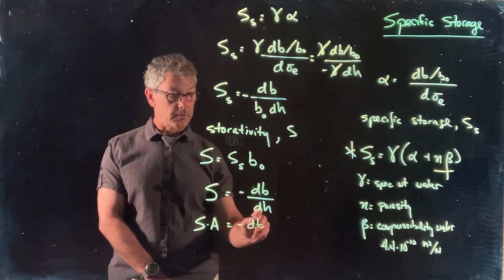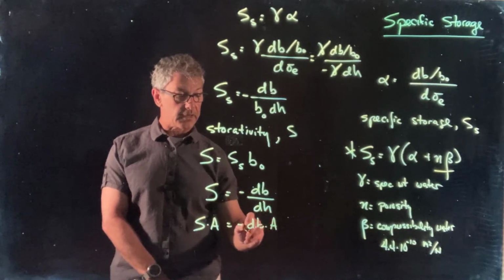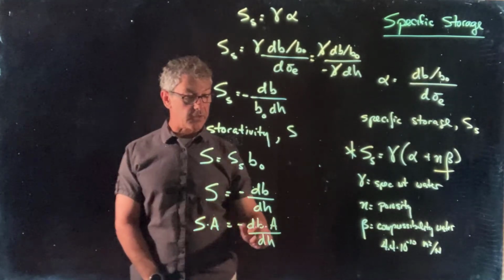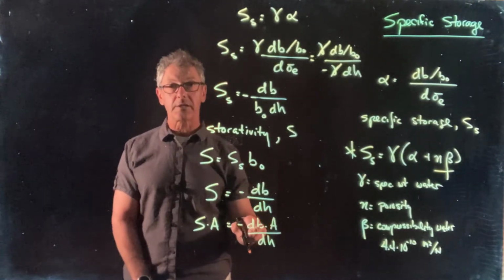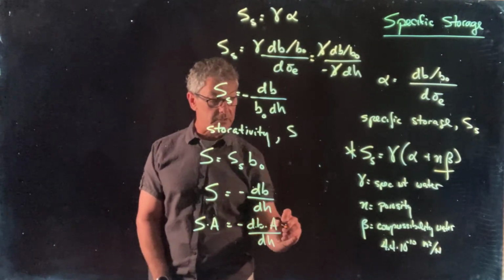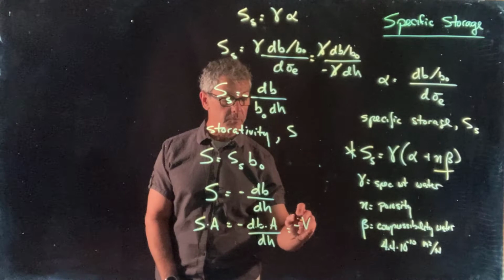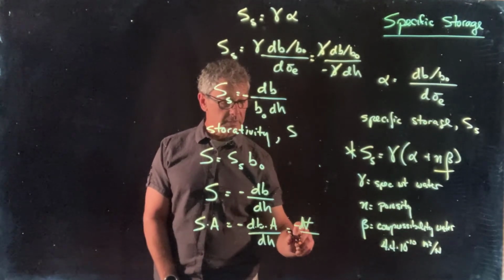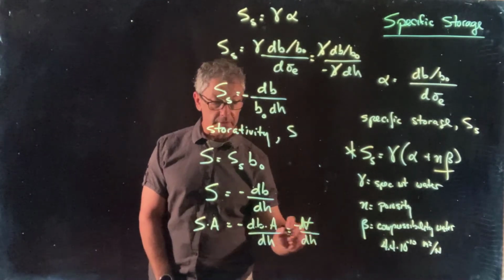When I multiply the numerator on the right-hand side, we can see that the change in the thickness of the aquifer times the area is going to be the change in the volume of the aquifer. And that's divided by the head.